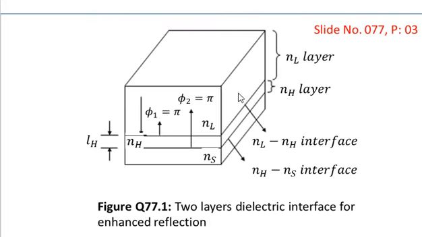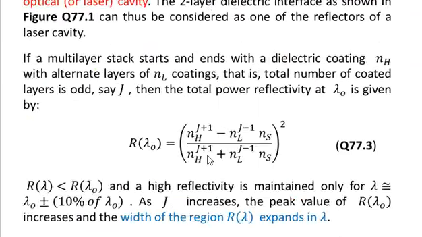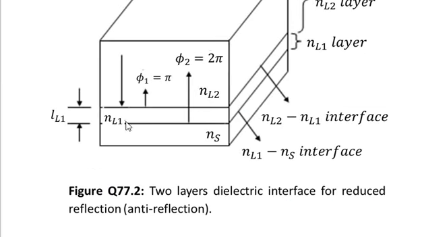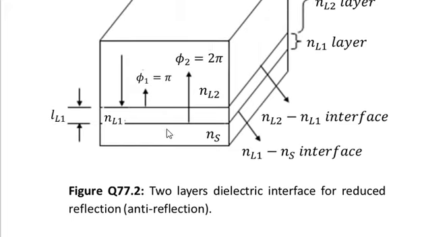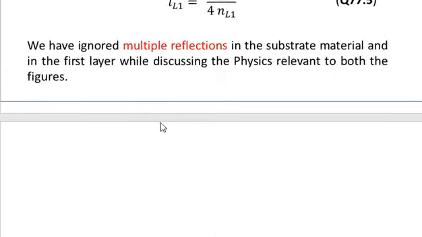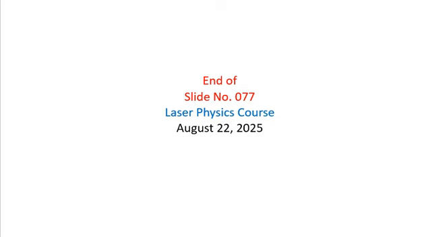That is, in this figure we have ignored the multiple reflections in the NH region and in the NS region, and similarly in the NL1 and NS regions. So with that, we have explained the enhancement of the reflected signals and also the minimization of the reflection signals using the coatings and the structure that we have explained. So this is the end of slide number 77.